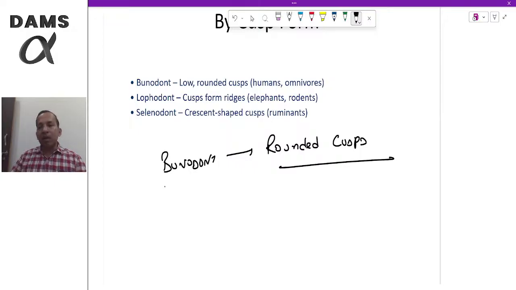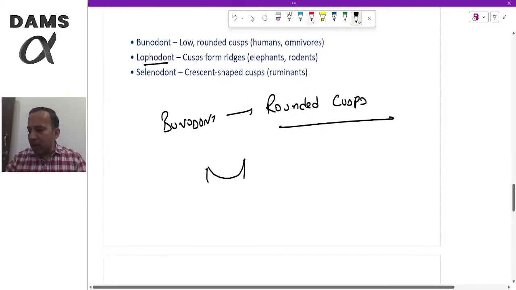In lophodont there will be presence of ridges on the occlusal surface of these teeth, and in selenodont you will see crescent shape. The cusps will be like this, crescent shape. So we need not worry about selenodont or lophodont. In human beings we have bunodont.